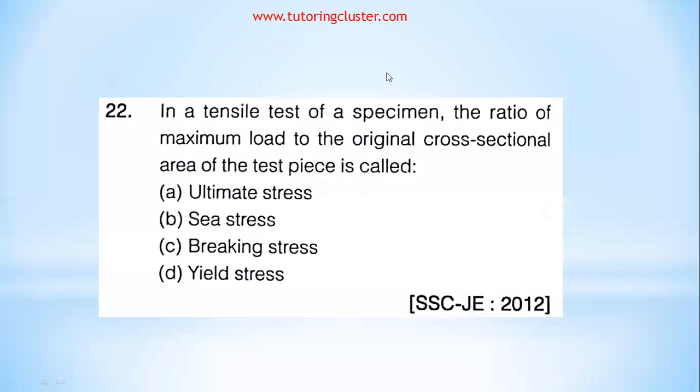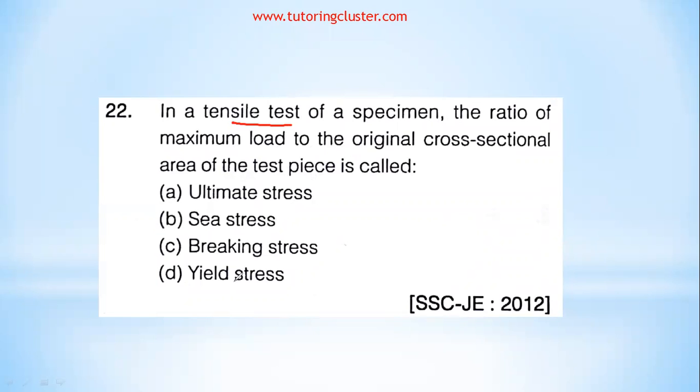That is question number 22. In a tensile test of a specimen, the ratio of maximum load to the original cross section area of the test piece is called as ultimate stress, shear stress, breaking stress, or yield stress.